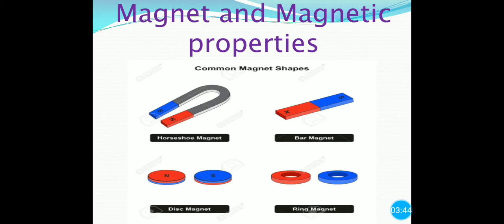But basically there are three types of magnets: first, temporary magnet, permanent magnet, and electromagnet.